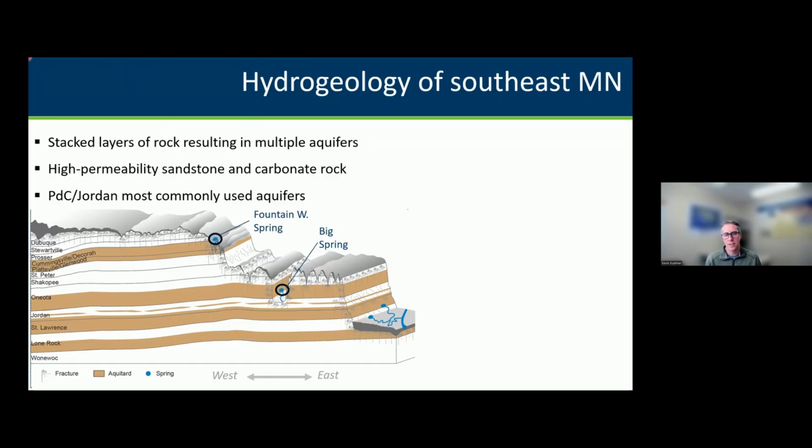What we have here are stacked layers of rock resulting in multiple aquifers. The aquifers are showing up as white, and they consist of high permeability sandstone and carbonate rock. One of the most commonly used aquifers in this region is the Prairie du Chien Jordan aquifer.